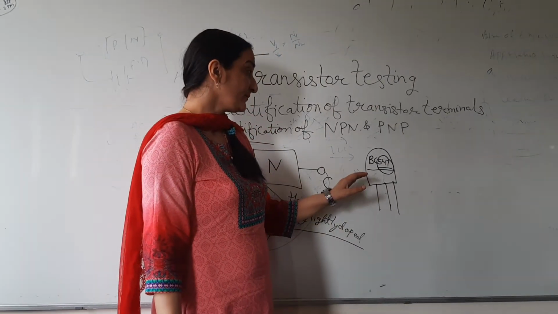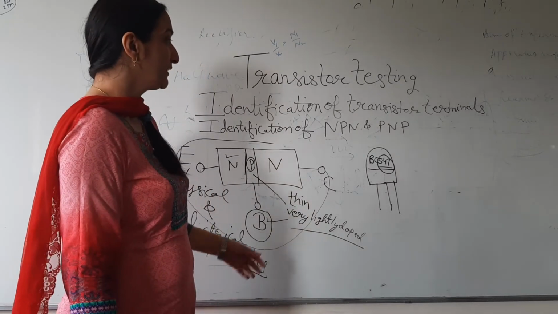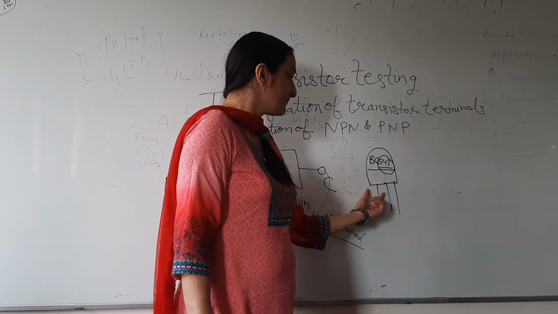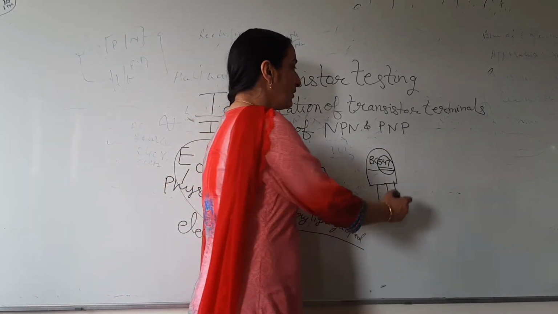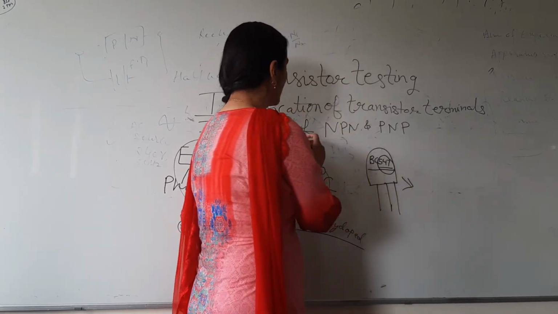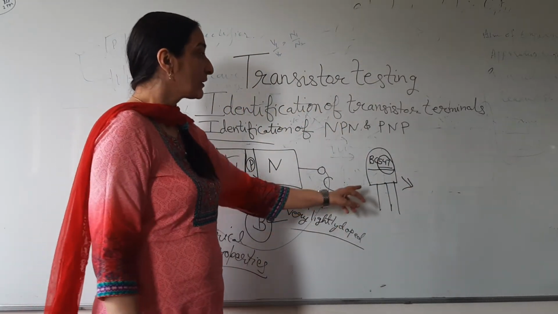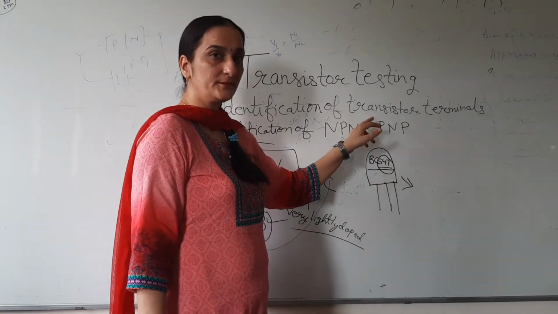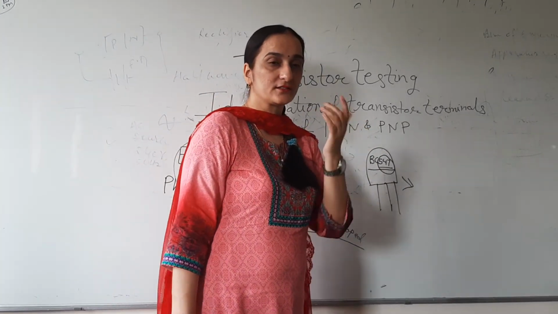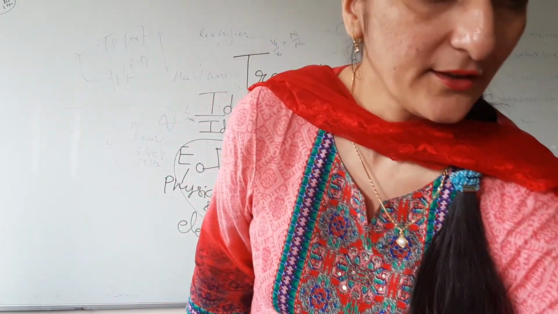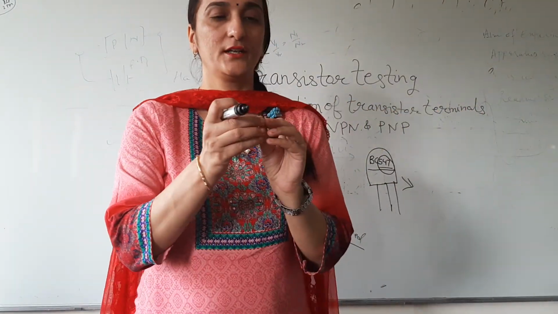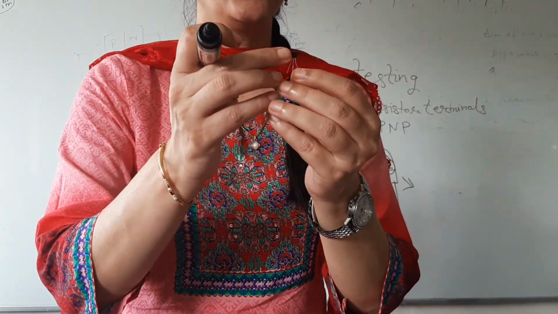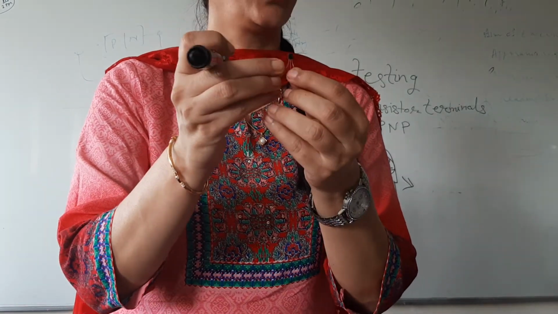Now, how do we measure beta, or how do we find whether it is NPN or PNP? First of all, we will identify the terminals of the transistor. When you see a transistor, it will have two faces. One is a flat one and the other is a round one.